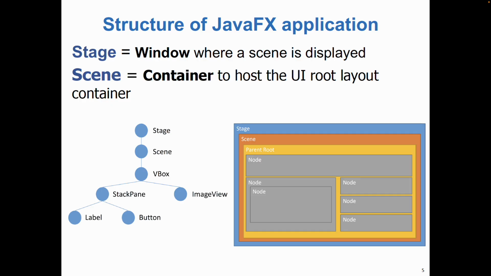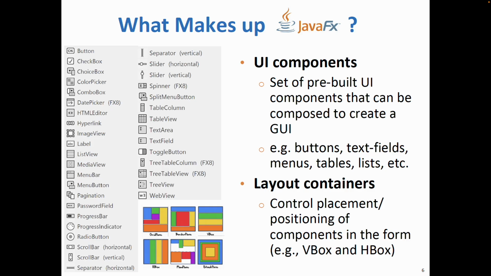And let's continue. What makes up this JavaFX? These libraries provide us many UI components. Here you see an example: button, checkbox, choice box, color picker, combo box, date picker, HTML editor, hyperlink, image view, media view, menu bar, password field, progress bar, progress indicator, radio button, scroll bars, tables, split menus, sliders, tree views, and so on.